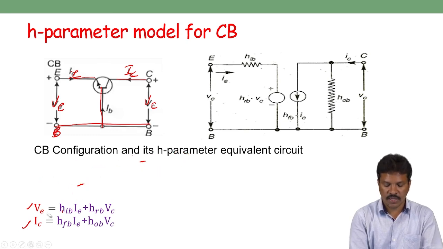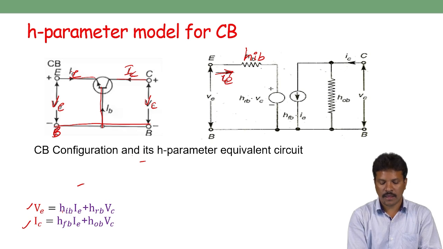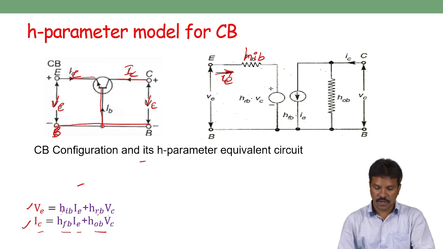VE is equal to HIB IE plus HRB VC, and IC is equal to HFB IE plus HOB VC. That is called the equivalent circuit for the common base configuration model.